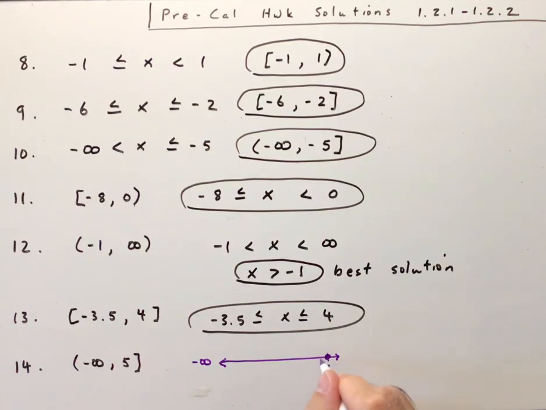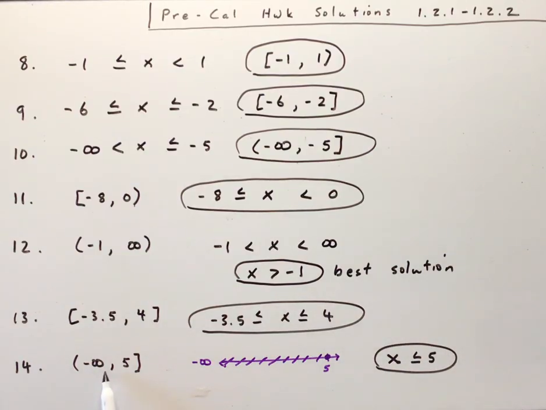So we would have a closed circle and then everything going that way to the left, right? So the most efficient way to write this is x is less than or equal to 5. Right? That's the most efficient way to write this. Instead of negative infinity is less than or equal to x and less than or equal to 5, the more efficient way to write it is this way.